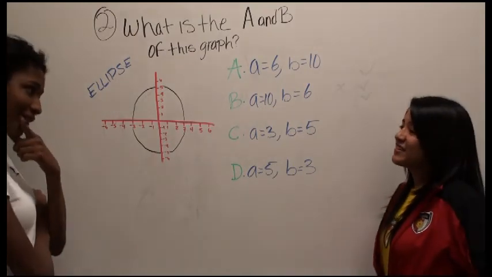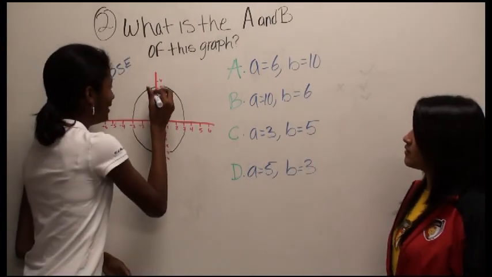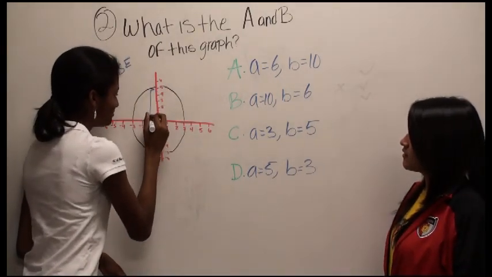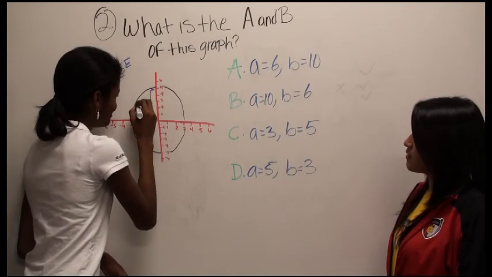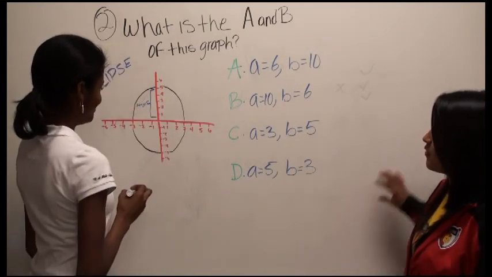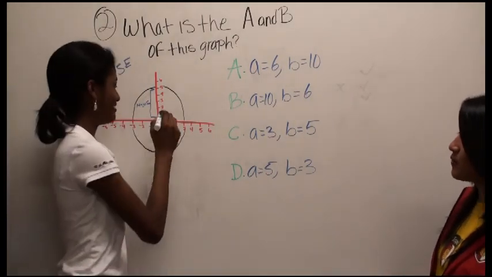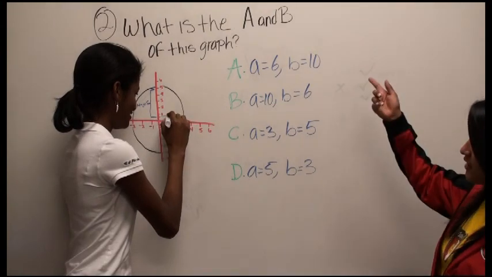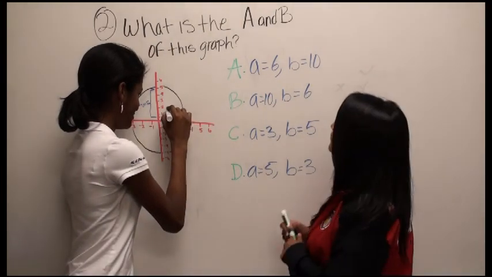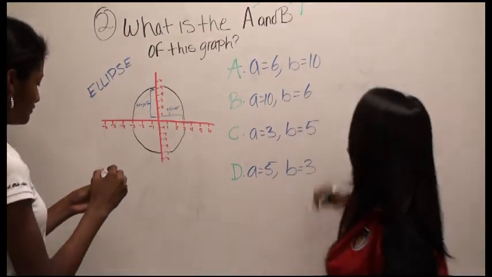I do too, Anna. So, okay, let's see. We're going to label this the major. So that means our y must be our minor, which is our b. So A is x, b is y.